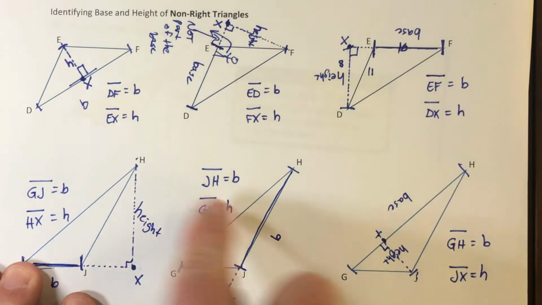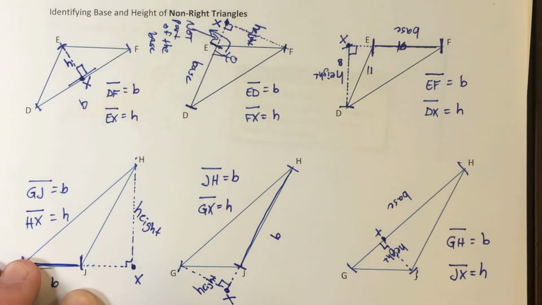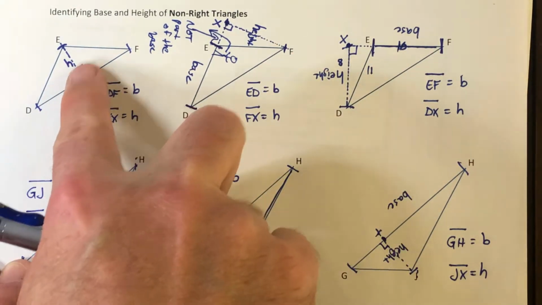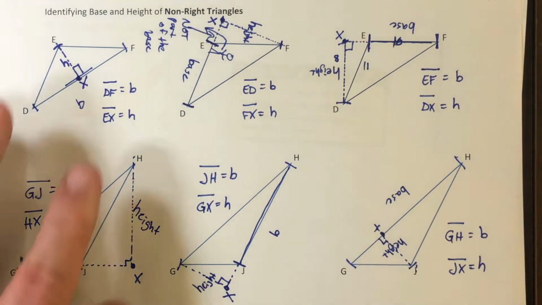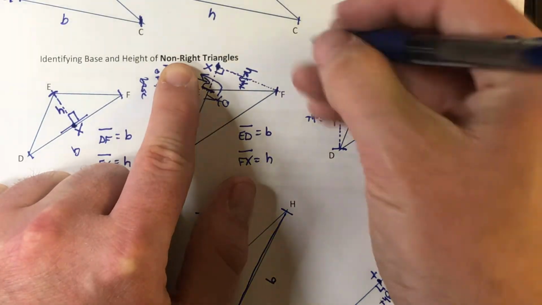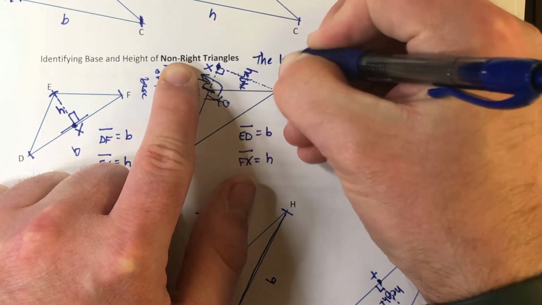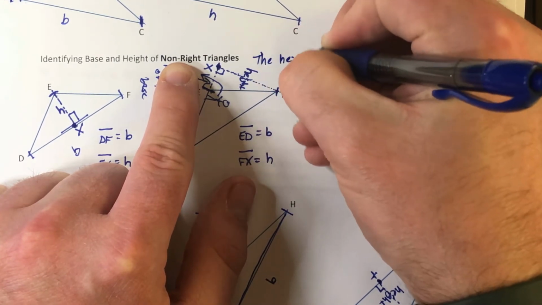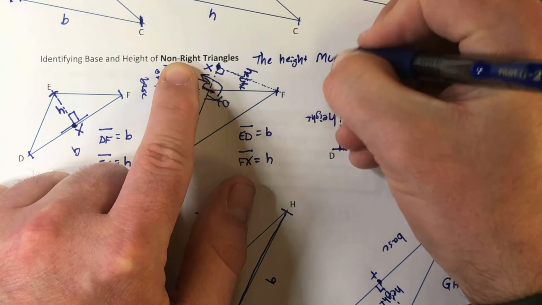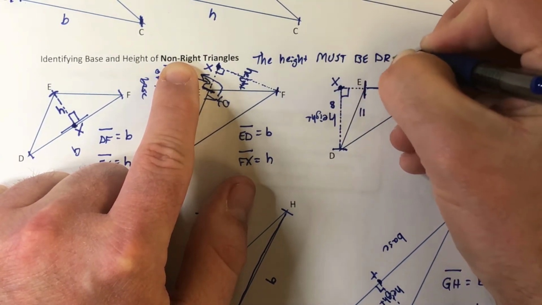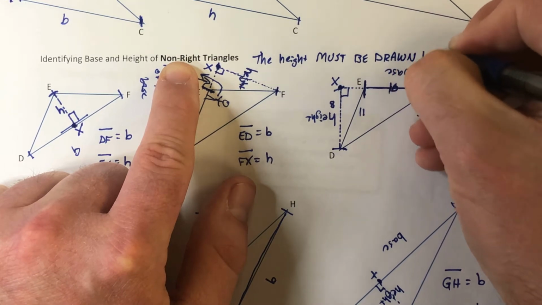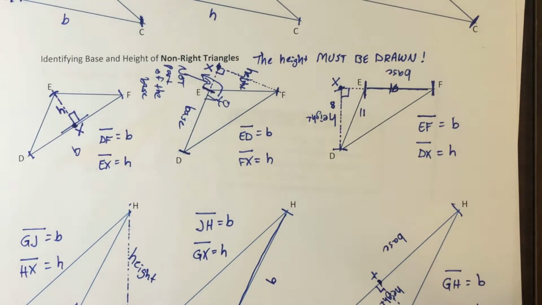So let's look at all 6 of these random examples. The heights were not part of any of those triangles. So if you have a non-right triangle, the height must be drawn. It will not be part of the triangle.